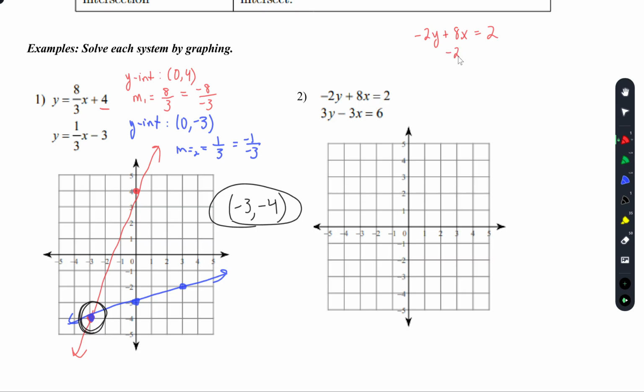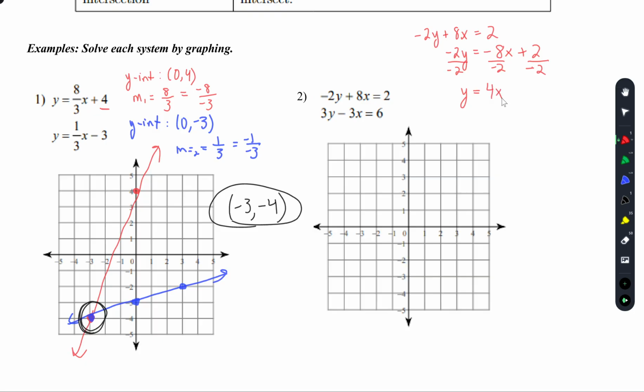So we're going to subtract over the 8x, okay? Don't forget to keep the negative on the 2 because now what you're going to do is you're going to divide everything by -2. Okay, all the things by -2 so you get the right equation. So when you do -8 divided by -2, you get +4, okay?